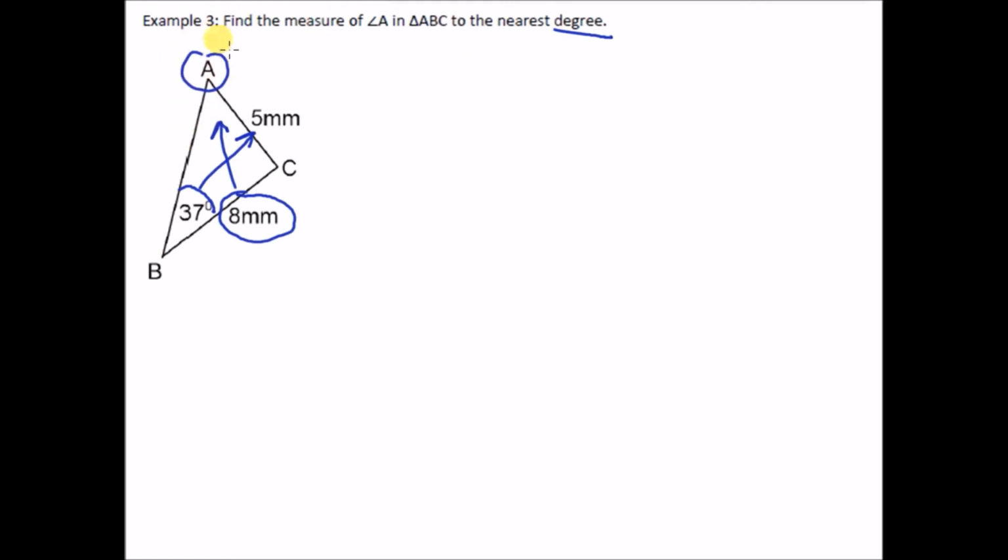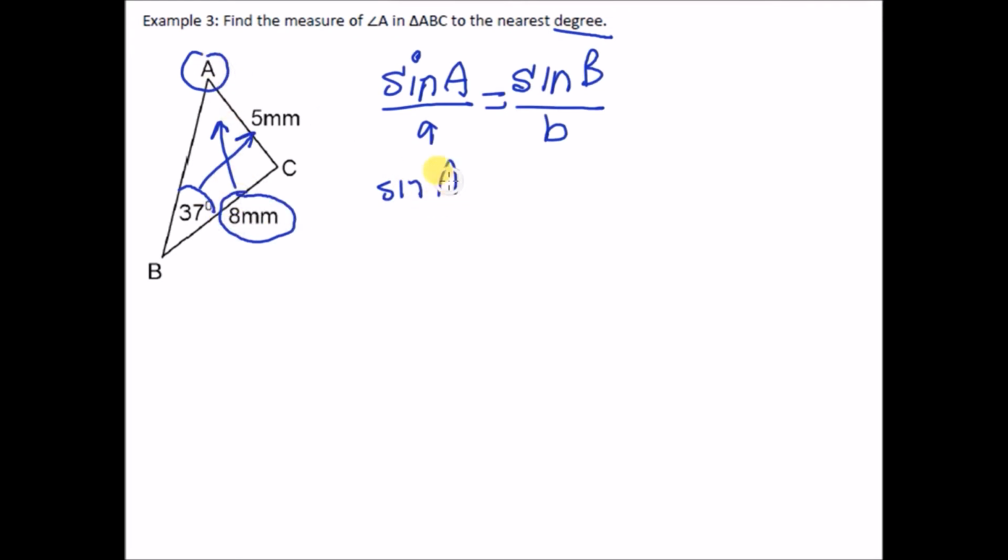So let's set this up, but this time let's actually put the angles on the top. So let's go sine A over A equals sine B over B. So we have sine of A, which we're going to leave because we're going to solve for A, over the side A because it's little a, and that's 8.